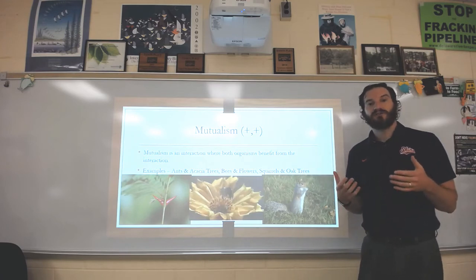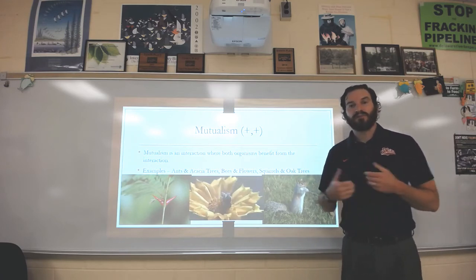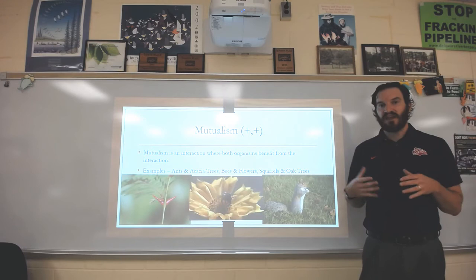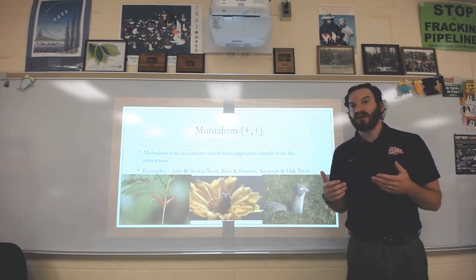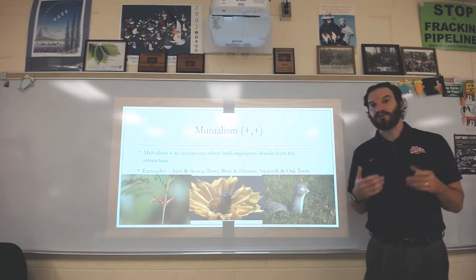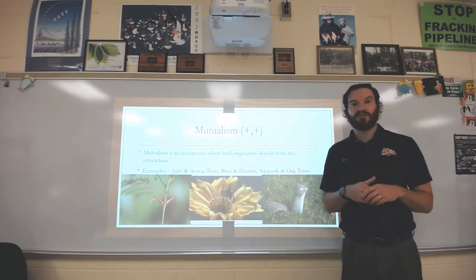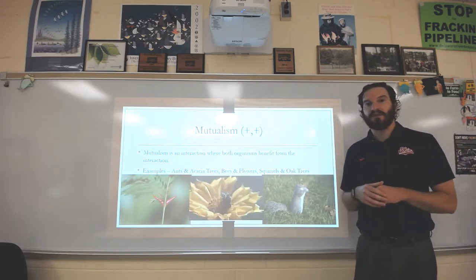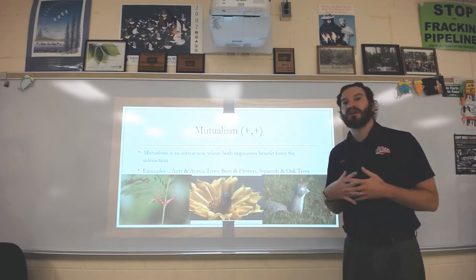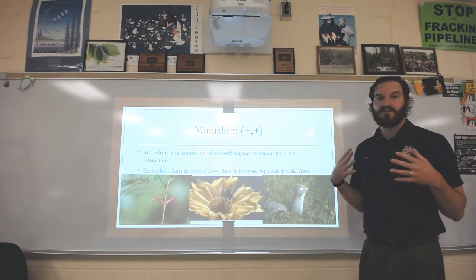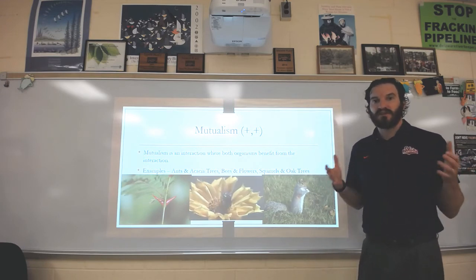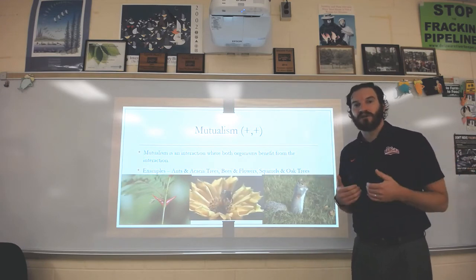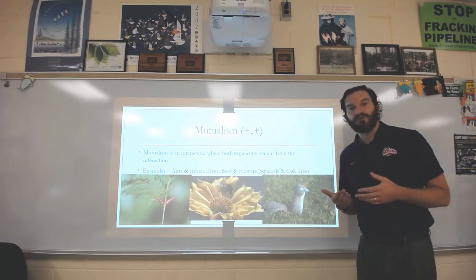The acacia tree also provides housing for the ants, so the ants live within the tree, but the ants will defend the tree against predators, things like caterpillars or beetles that come in and try to eat the leaves of the tree. The ants will all attack it because they look at that tree as their food source, and then they defend it. So the tree benefits from getting a defense system pretty much installed on it, and the ants benefit from getting food.